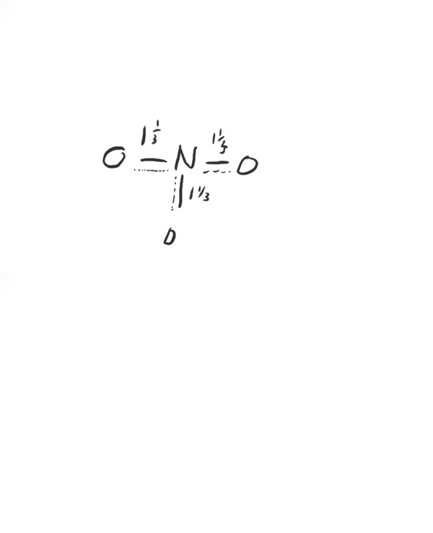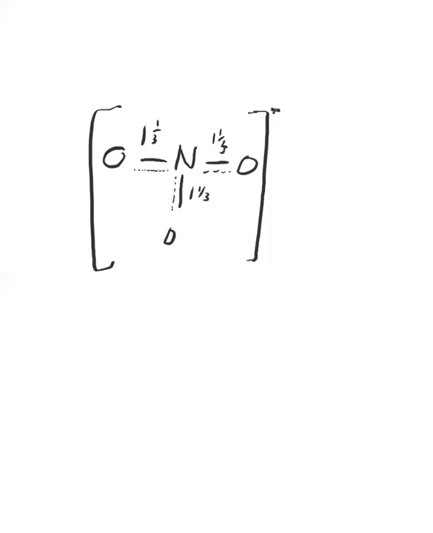There we go, 1 1/3, right? So this is not an official way to do it. It's just a way that sometimes people will represent it. What we would say is that this particular ion, the nitrate ion, has 3 possible resonance structures, 3 possible Lewis structures, and that the actual structure is the average of all 3.